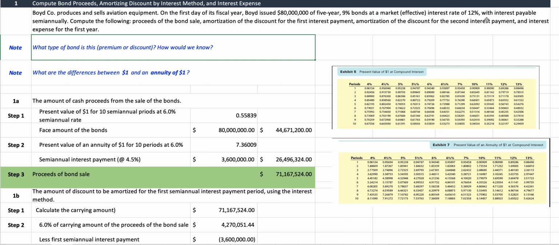So Boyd is saying, hey guys, I have some bonds here that I want you to buy, and I promise that I will pay you 9% a year if you buy my bonds. And I understand that all of the other companies are selling their bonds and they're going to pay 12% interest, but I really think you're going to like my bonds.